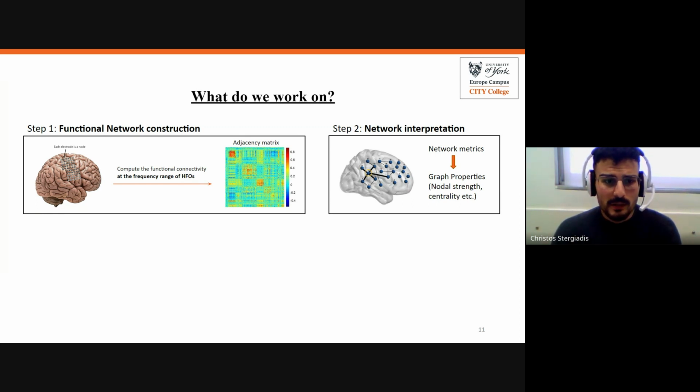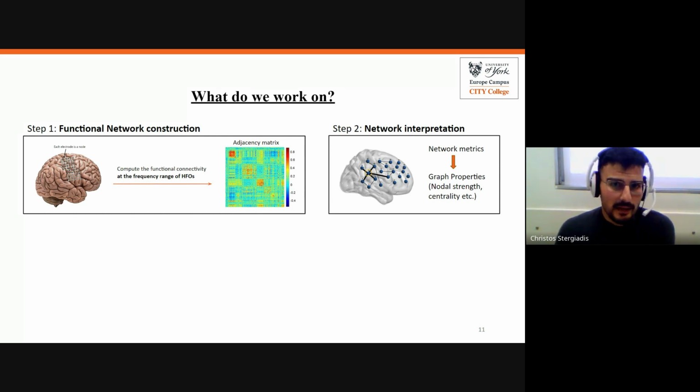What we will do is go through each electrode, and consequently each area inside the brain, and try to assess its importance. Is this area important for the epileptic network? If it is, then maybe by taking out this area, we will be able to disorganize epilepsy and stop it from happening again.